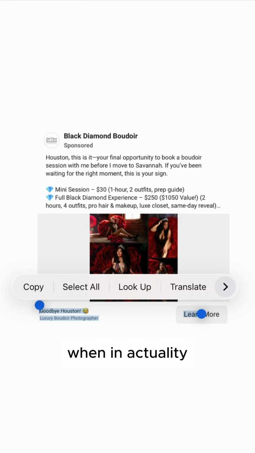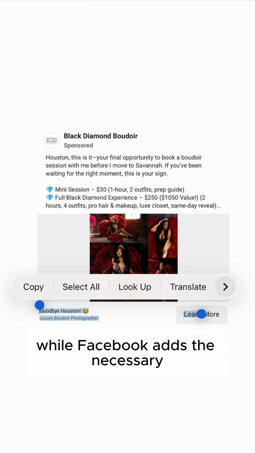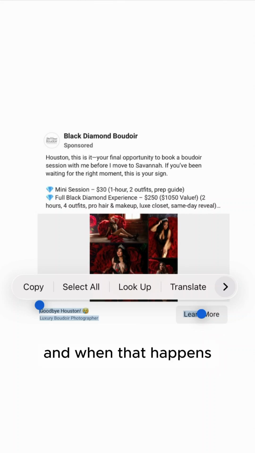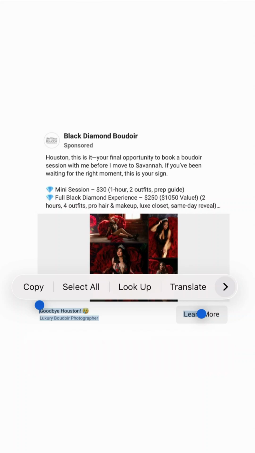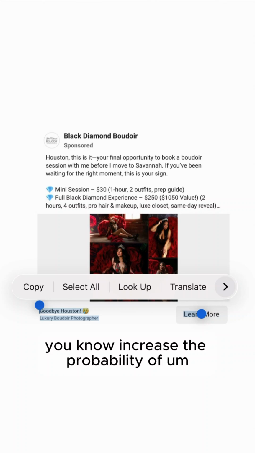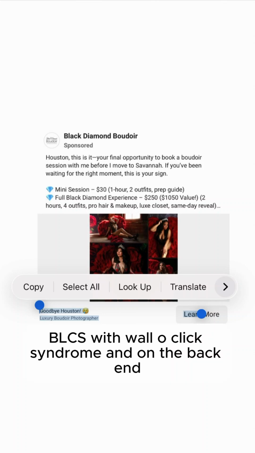When in actuality, filling all this stuff out hurts us, causes way, way, way more women to scroll by our Boudoir Facebook ads than necessary. And when that happens, it pulls our unique CTR under 6% and increases the probability of BLCS, Boudoir low click syndrome.